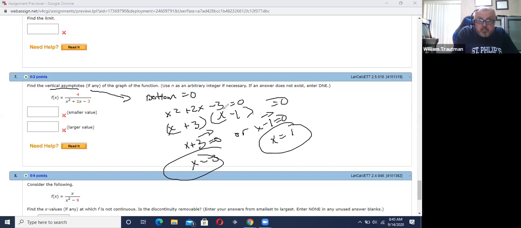The smaller one is x equals negative 3. The larger one is x equals 1. Asymptotes are always an equation for a line. Vertical lines always start with x equals. So x equals negative 3 and x equals 1. Those are the two asymptotes.